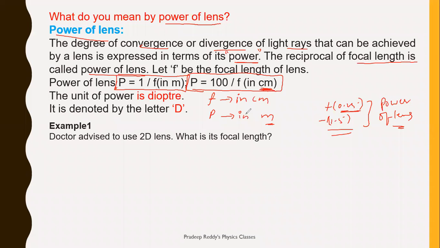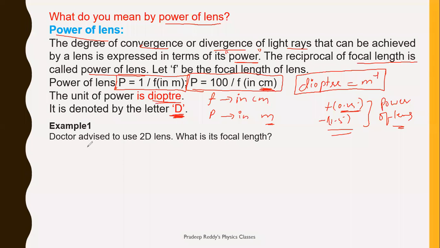The unit of power is called diopter, denoted with D. Diopter is meter inverse. It is not centimeter inverse, it is meter inverse. Remember, diopter is meter inverse.